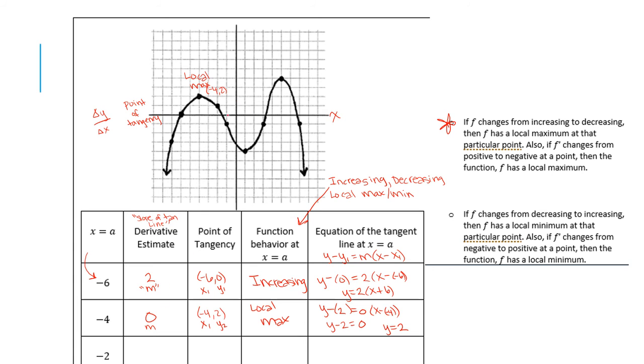My next x value is -2. So I should be looking at -2, 1. This is my new point of tangency.